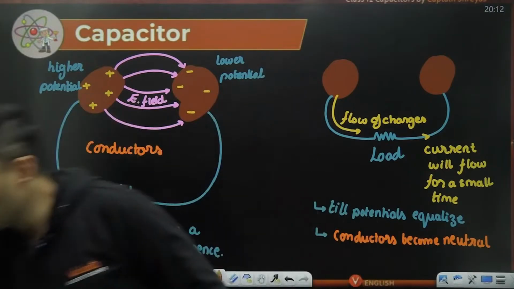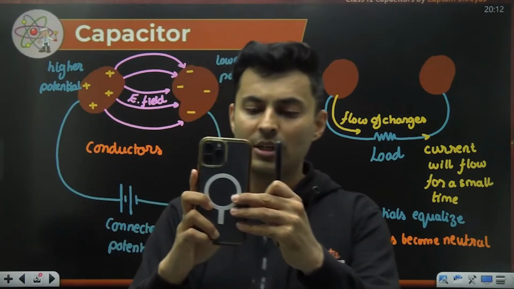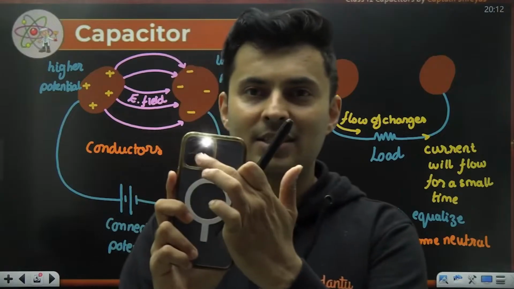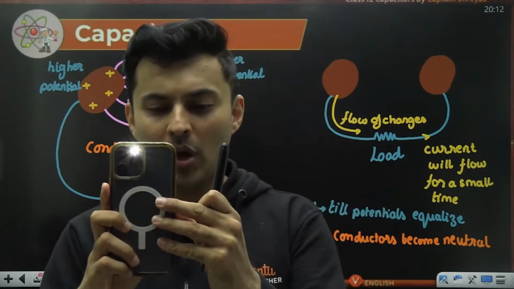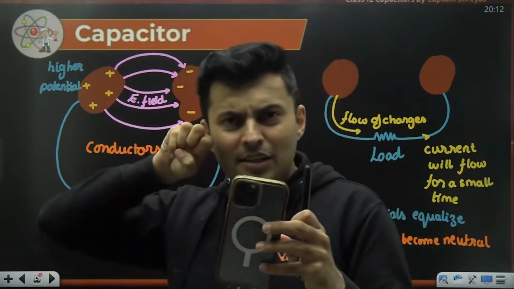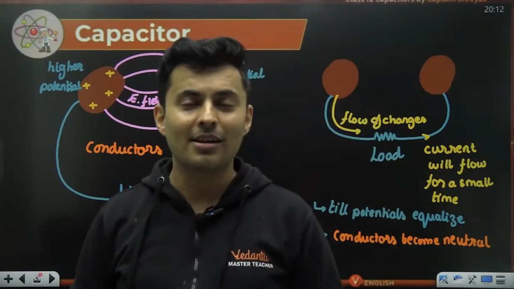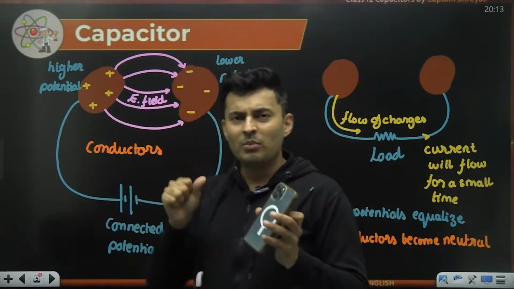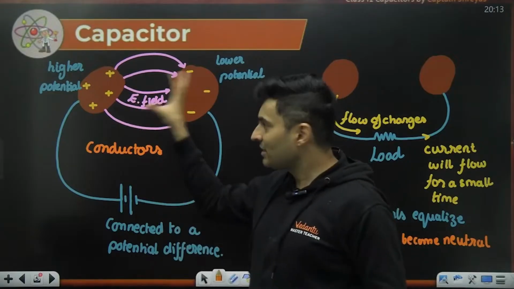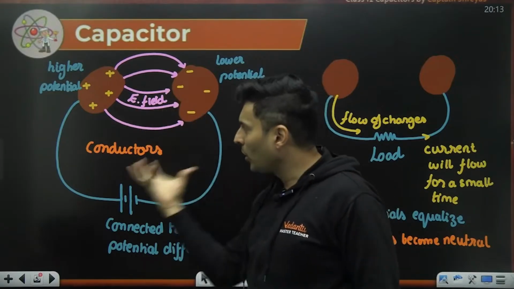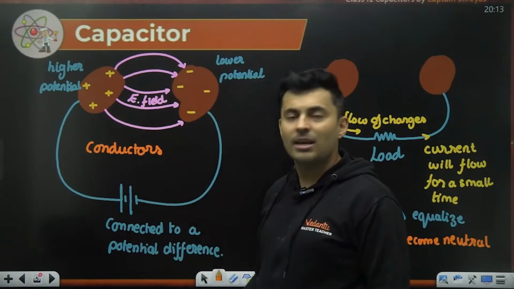In fact, your mobile flash exactly works through this principle. This flash comes for a small amount of time when you're taking a photo, and it goes off. There is a sudden big burst of light. There is a capacitor inside which is storing a lot of charge and a lot of energy in its conducting plates.